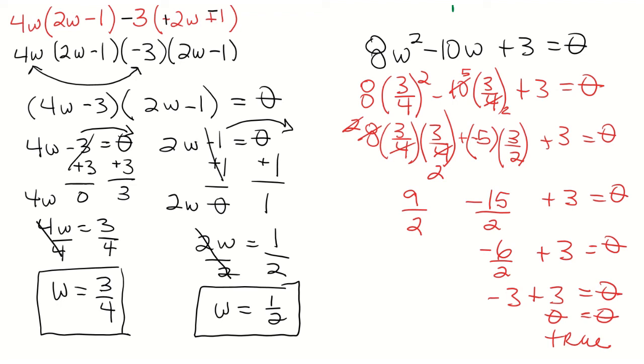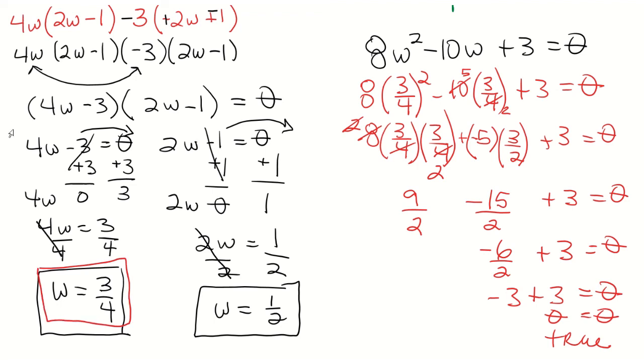If you see that you can pull out factors and cancel numbers, you've got numbers on the top and numbers on the bottom that are the same, those can divide out, and that will help to make the numbers that you're multiplying with simpler. So we just proved w equals 3/4 is one of our solutions.